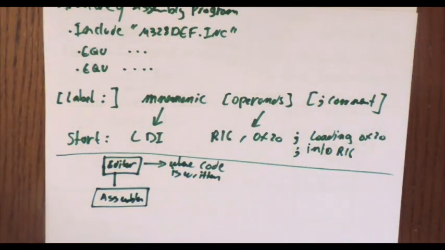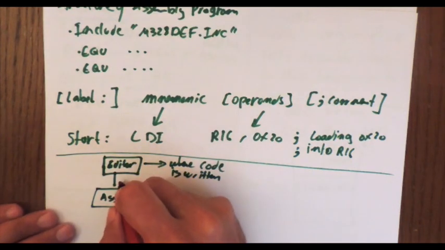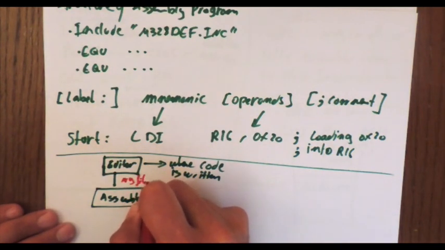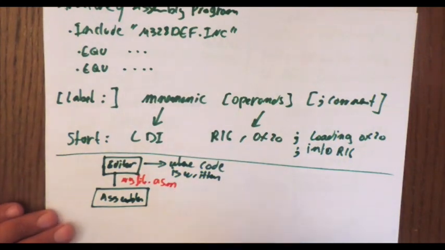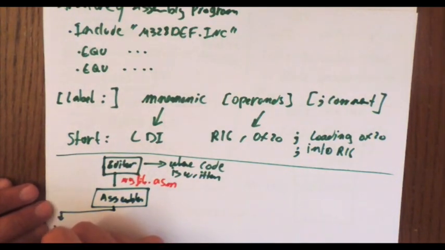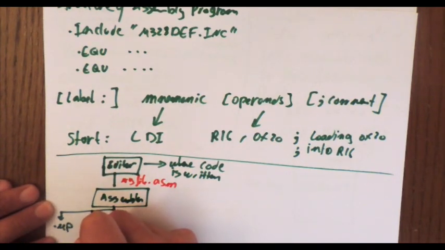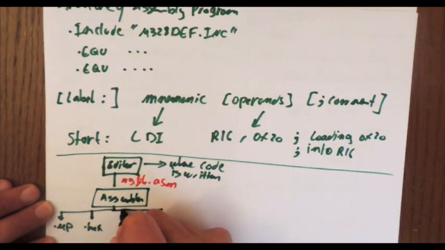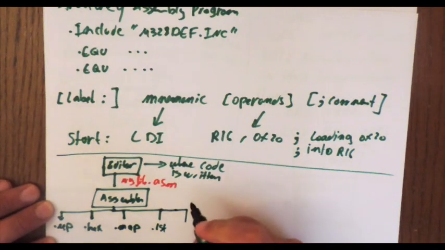Usually we write here myfile.asm, so assembly, and from this the assembler will generate many files. It is the .eep file, the .hex file. We have also .map. We have .list, and then the last one is .obj.